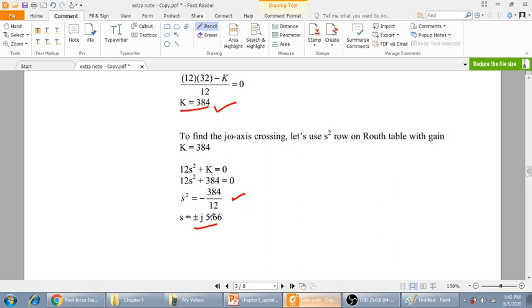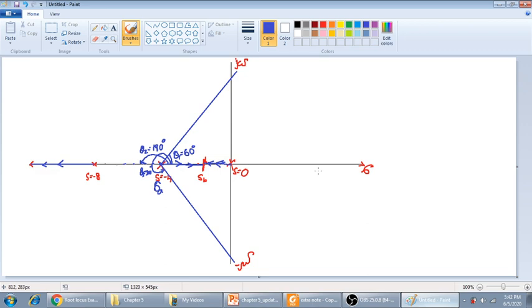Plus j 5.66 and minus j 5.66. Let's say it is here and it is also here, for example. So this is plus j 5.66, this is minus j 5.66.